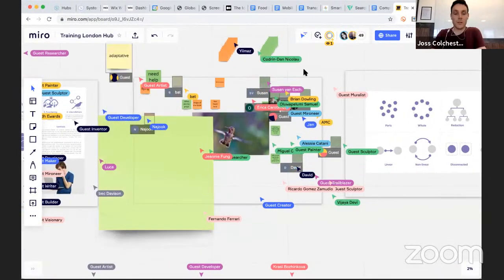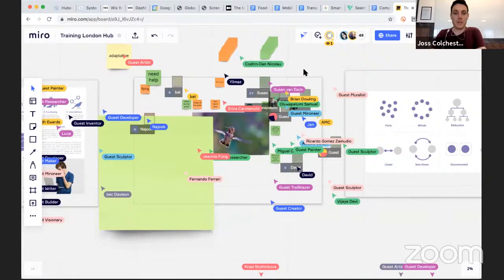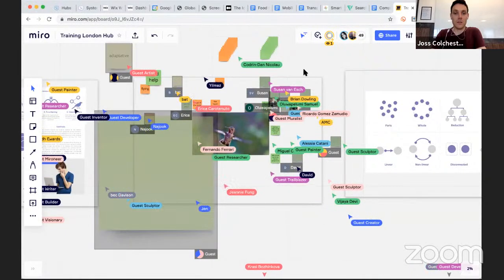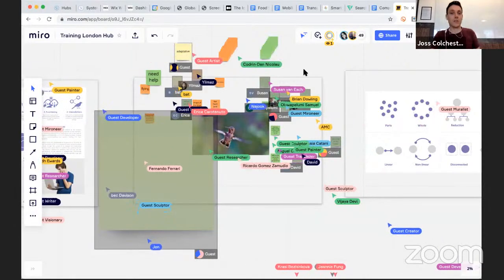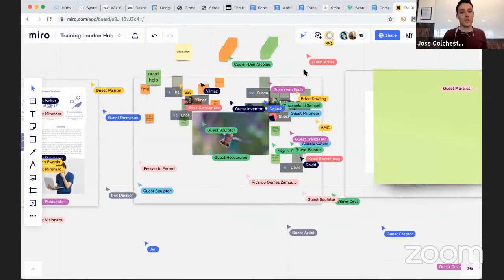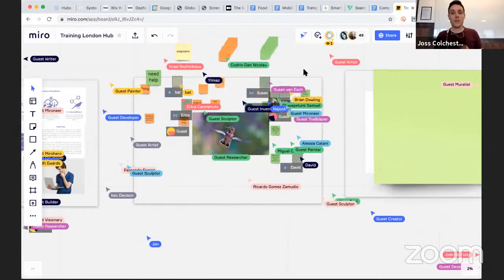Could we please scale down? Yep, scale down your stickies so that they're a reasonable size and make sure they're the right color, either orange for a reductionist view or green for a holistic view.